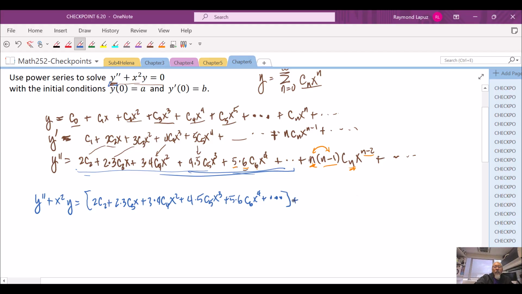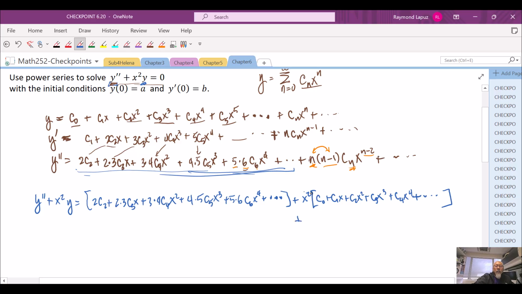And then we're going to add on x squared times y, and the y is the original c sub 0 plus c sub 1 x plus c sub 2 x squared plus c sub 3 x to the third plus c sub 4 x to the fourth. Maybe I'll stop here because we kind of know the pattern.